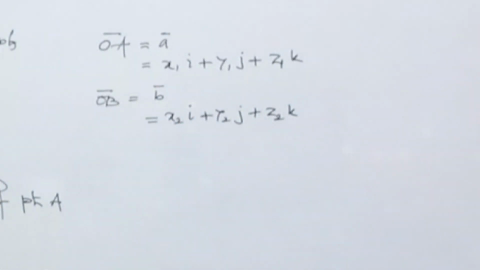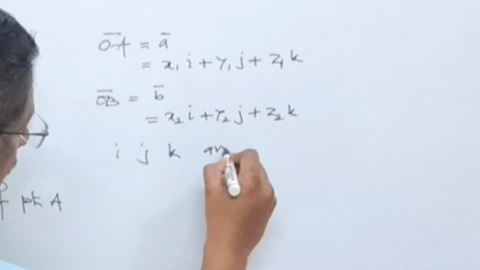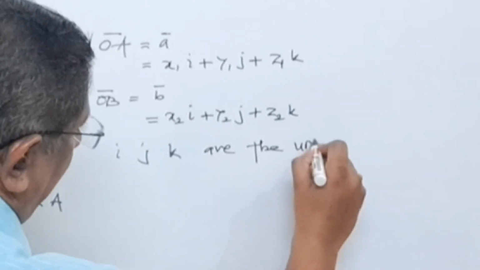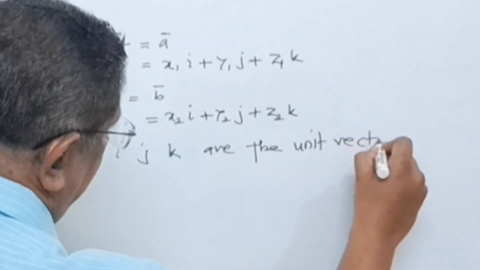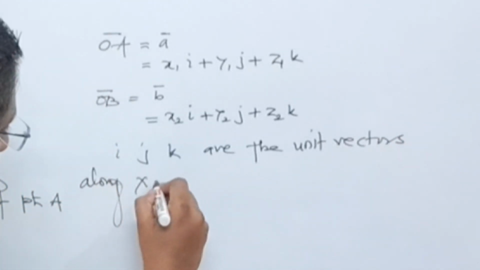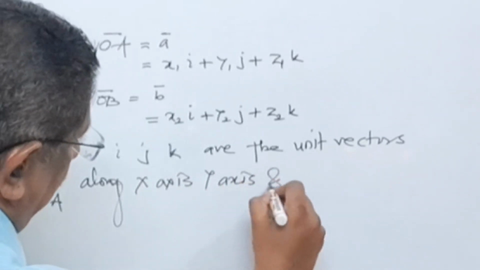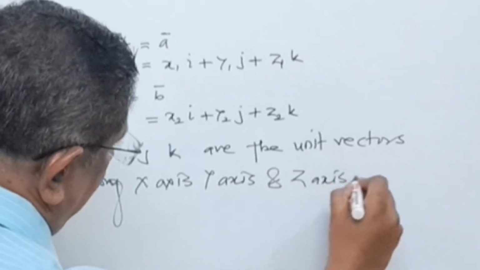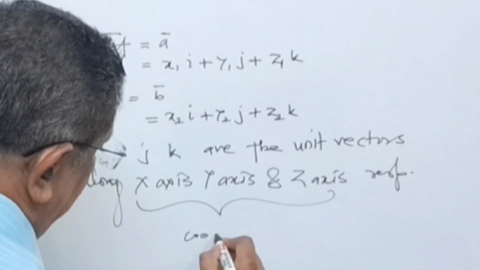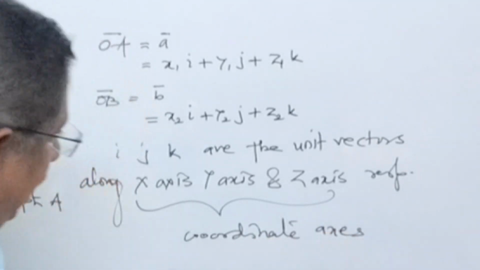What are i, j, k? i, j, k are the unit vectors along x-axis, y-axis and z-axis respectively, or we call these the coordinate axes.